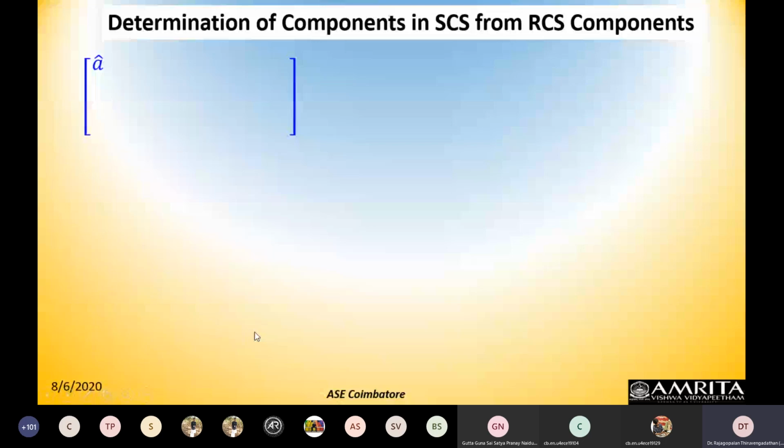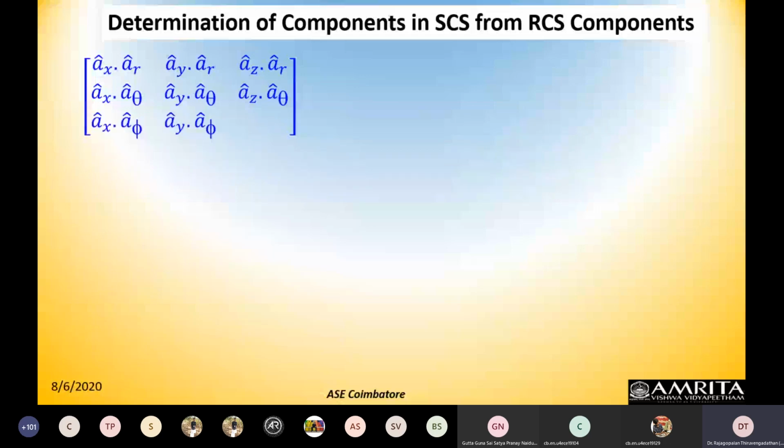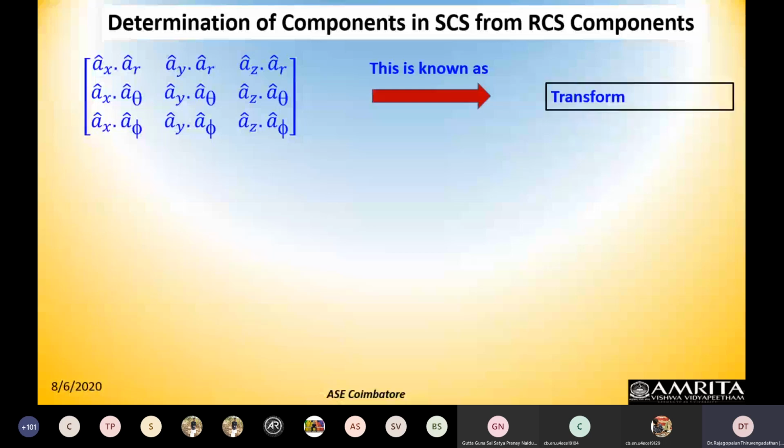We are going to take the geometrical construction of these unit vectors, at what angles they lie, and then pull up those relationships from the geometrical constructions, as will be exemplified shortly. This matrix is known as the dot product matrix, or the transformation matrix, which helps us transform the vector from one coordinate system to the other.